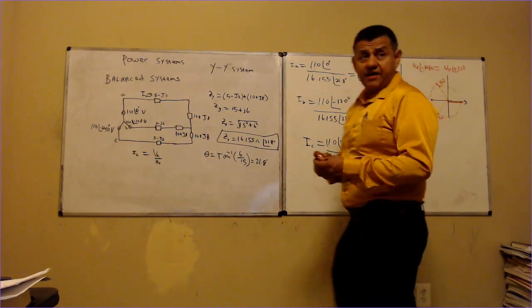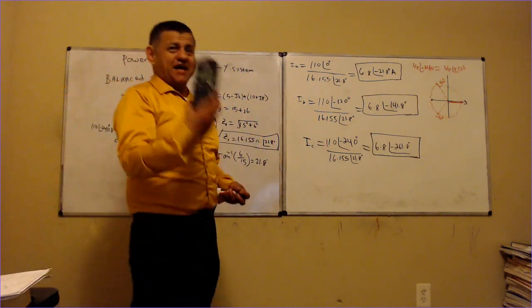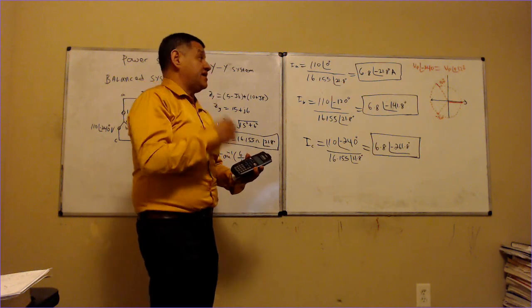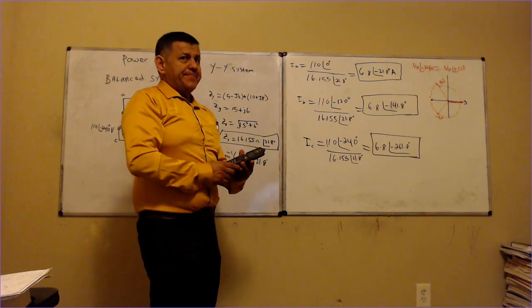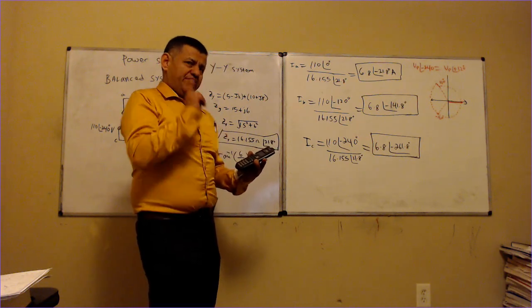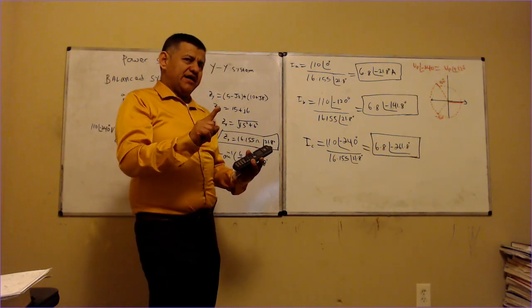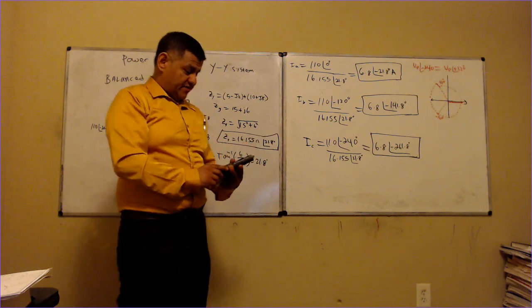I get to what? I get to 240, right? Now, you don't believe me. If you don't believe me, take your calculator and make sure it's in degree mode, right? Well, you can do it in radians too. And put the cosine of negative 120, and then the cosine of 120, right?